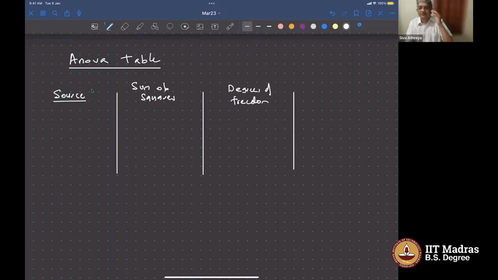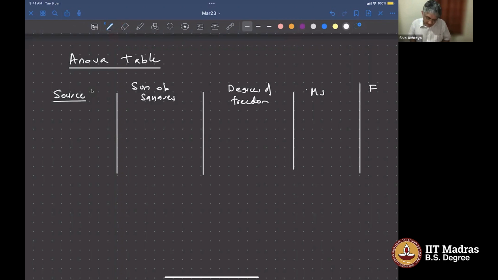And in the fourth column, you put MS, that's the mean squared. I just call it mean sum squared, that you get by dividing by the degrees of freedom. And then the last one, you do the F ratio. You identify which is the F ratio.